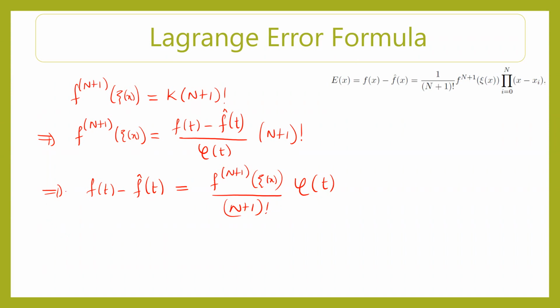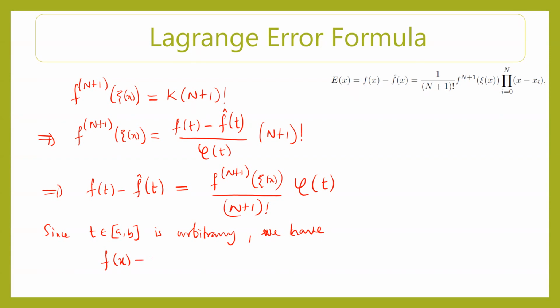We started with arbitrary t. We then have that this holds for any t in [a,b], so just for any x in [a,b].